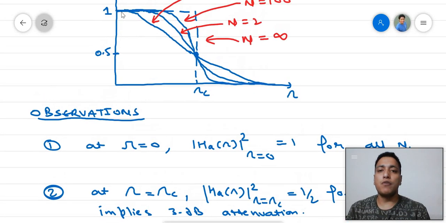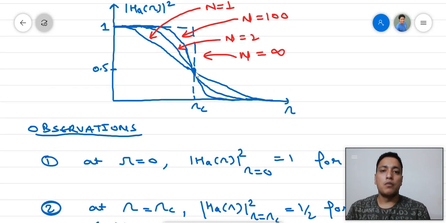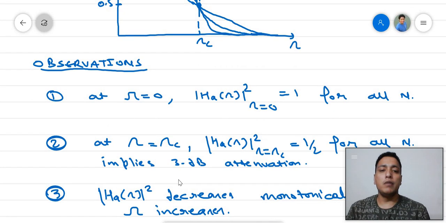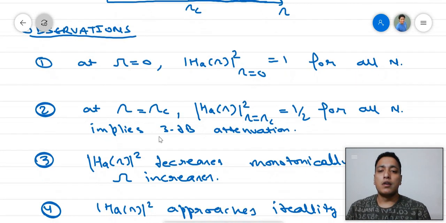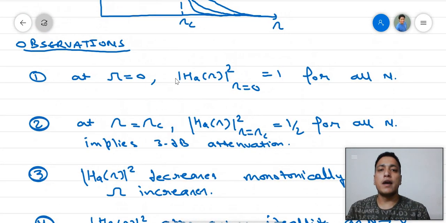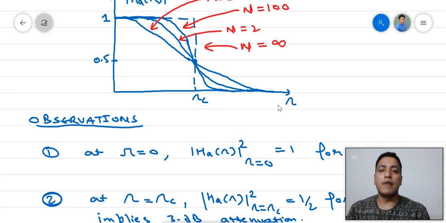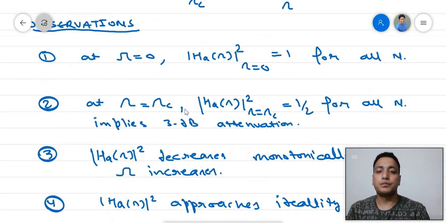As we can see from this graph, the response for every value of n meets at this common point, which is at 0.5, that is 1 by 2, which indicates 3 dB attenuation. Next, |HA(omega)| squared decreases monotonically as omega increases, as we have discussed previously and can be seen in this graph. As the value of omega increases, the response deteriorates.